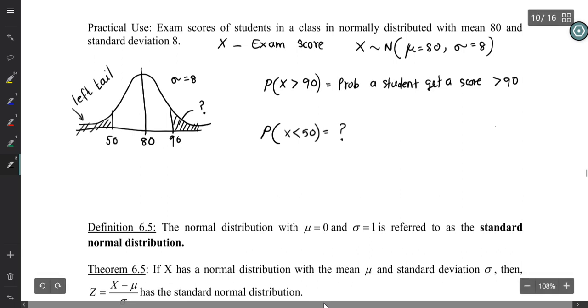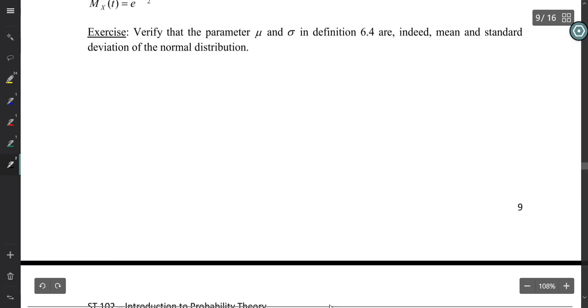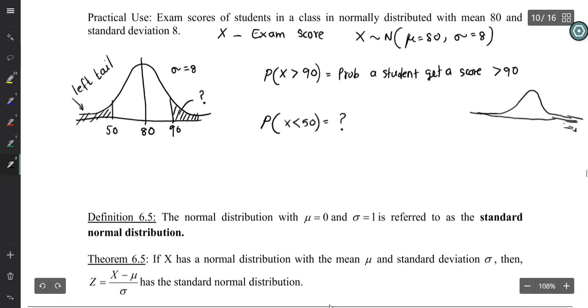When it goes to far away values, the tail probabilities will be approximately 0 as it goes to plus infinity and negative infinity. I'll show you again when we do calculations.